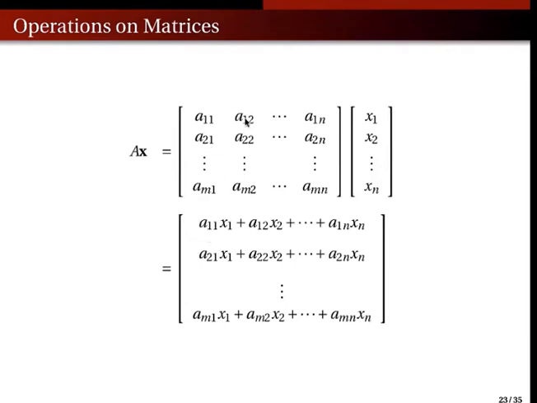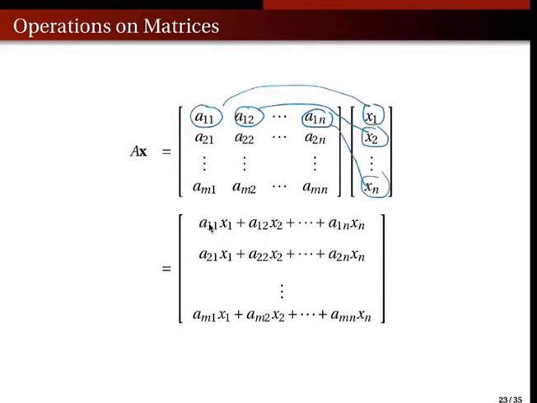So A11, A12 until A1n, this row being multiplied to this column. So A11 times X1 plus A12 times X2 plus A1n times Xn.